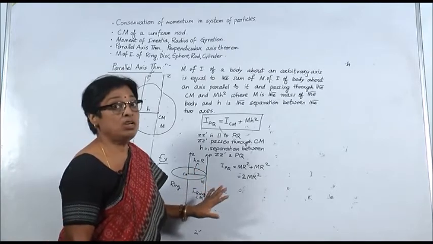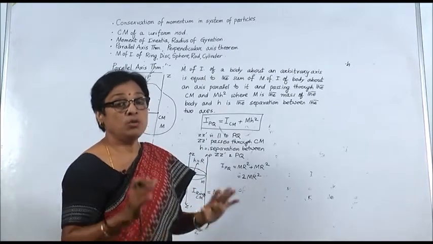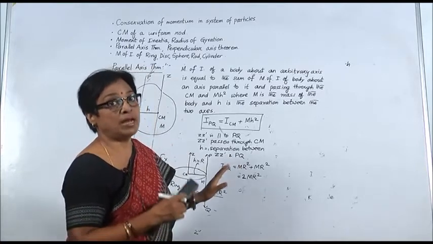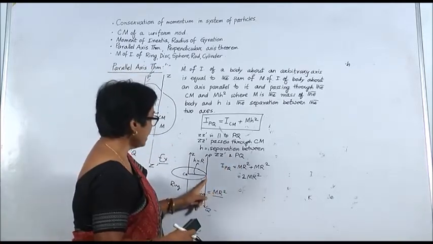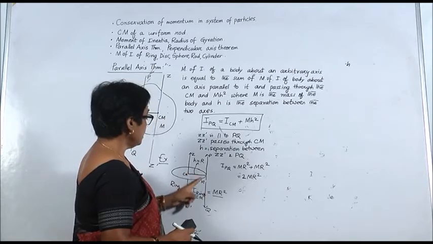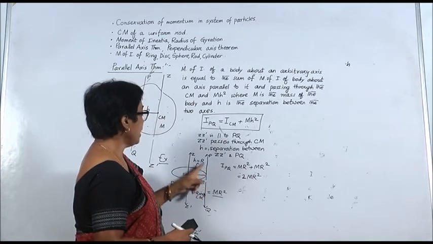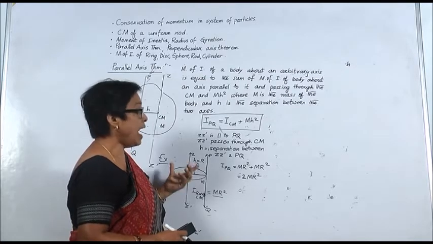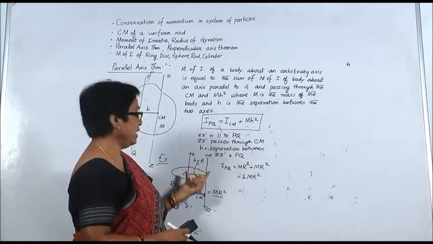So, be careful, if the axis of rotation changes, the moment of inertia will change, and this is how you apply the parallel axis theorem. The second axis, the axis about which you are finding out, must be parallel to the axis passing through the center of mass. Add m into h square, h is the separation.